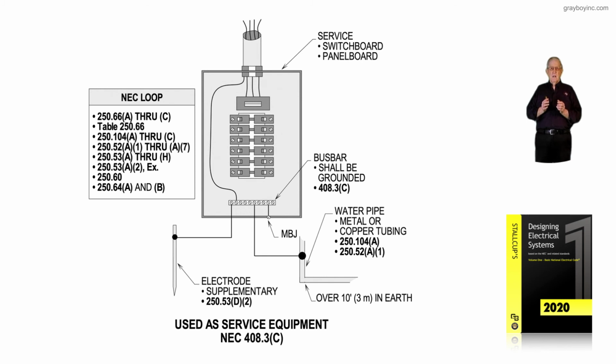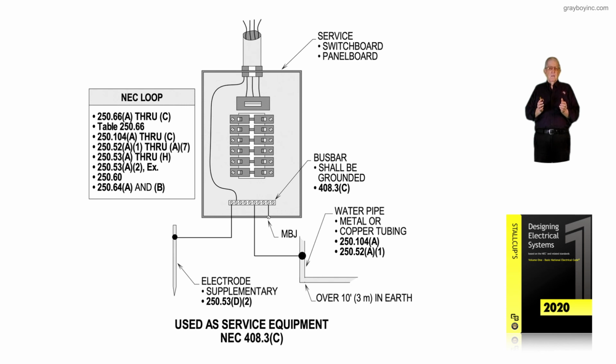Usually in 250.28, it says it could be a screw, a strap, a conductor, and so forth, bonded to that enclosure where all your equipment grounds and neutrals would terminate, and then that bar is connected to earth ground, in this case, in the manner as you see.